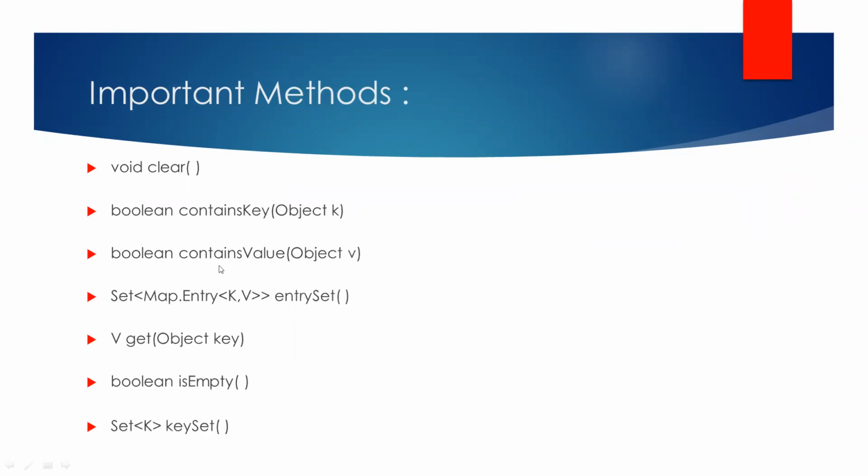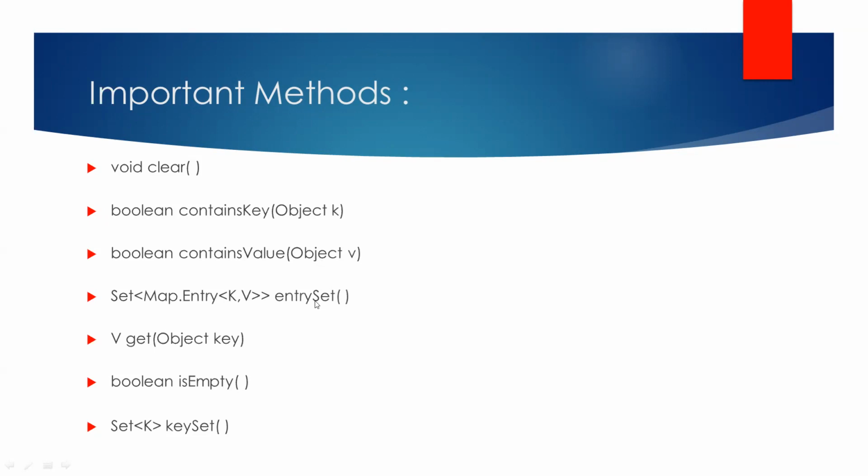Some important methods. Clear will clear your map. To check whether a particular key is available in your map, you can use the containsKey method. Here you can pass the key, and if that key is available, it will return true. If you want to check whether a value is available in your map, then you can use the method containsValue.